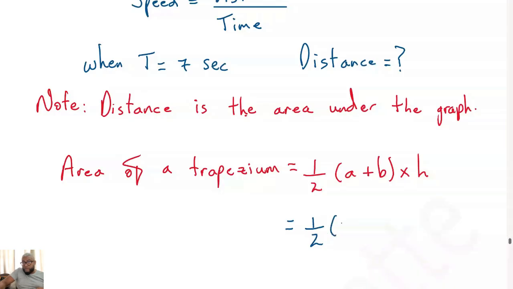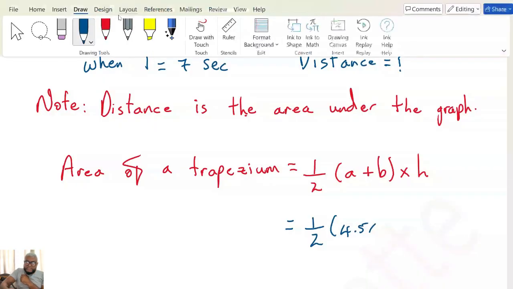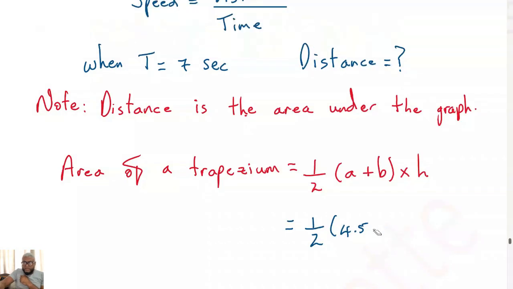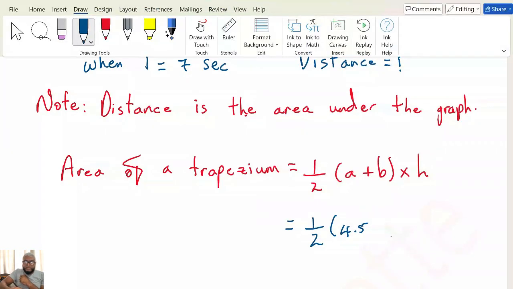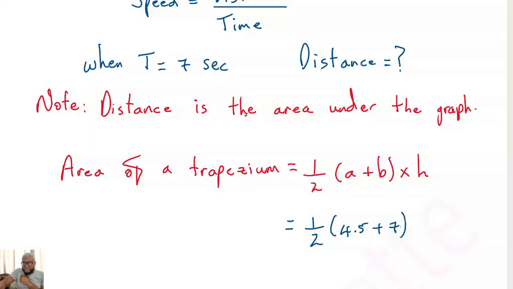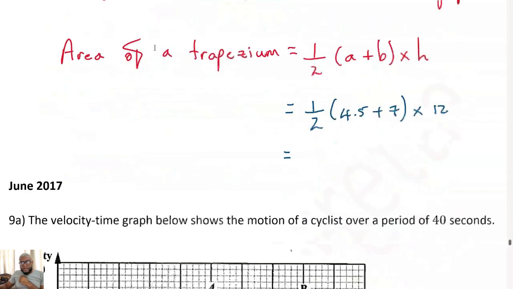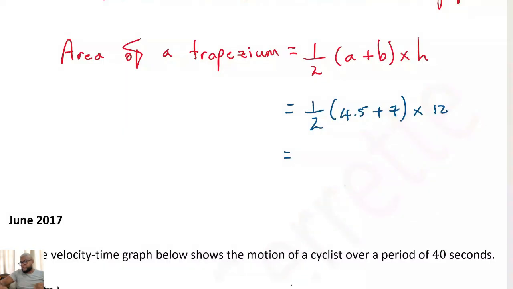It's going to be half of, what did we say A was again? 4.5. Plus, what is B? 7. Multiply by what was the height? 12. Somebody look it up on the calculator. 69. 69 flat? Yeah, 69.